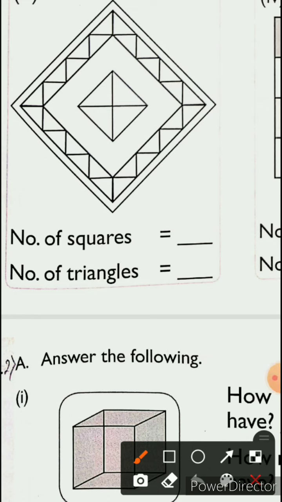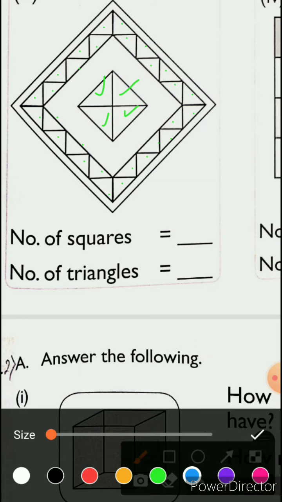So that is your 1, 2, 3 up to 28. Total 28 triangles. Then 29, 30, 31, 32, 33, 34, 35 and the last one 36. So total we have 36 triangles here.